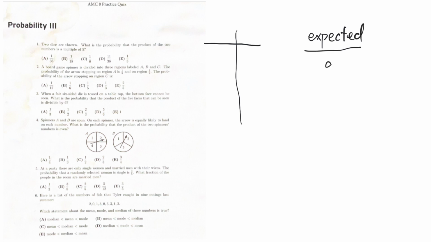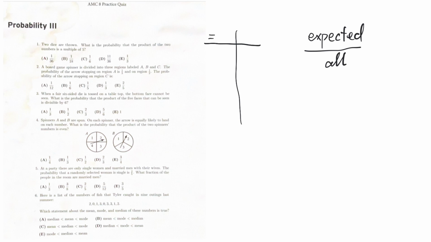So two dice are thrown, and we want the probability that the product is a multiple of 5. We know probability is the expected events over all events. Expected here is the multiple of 5.